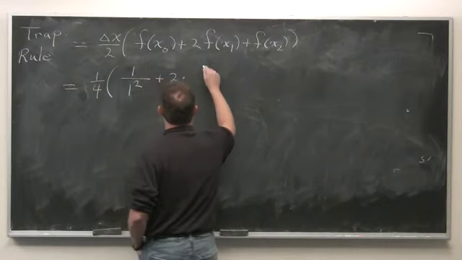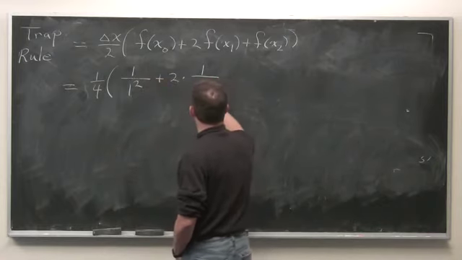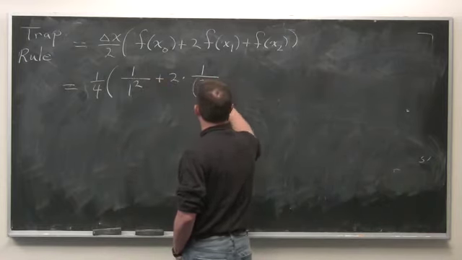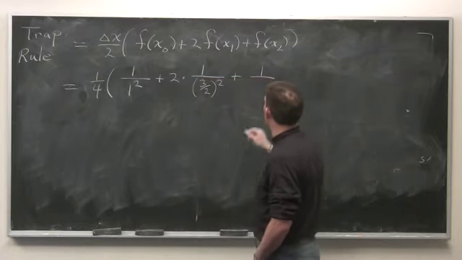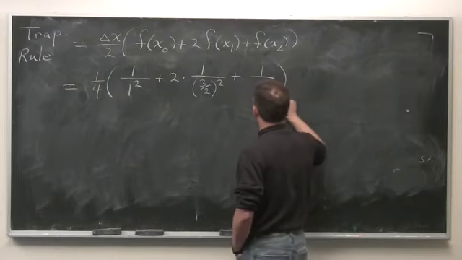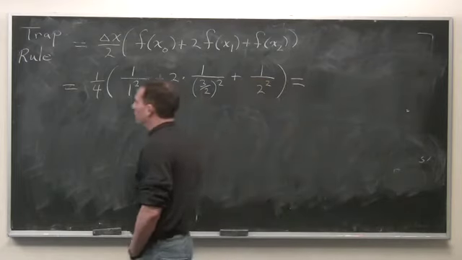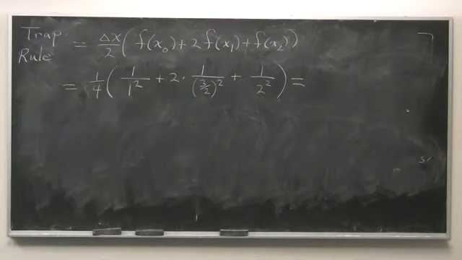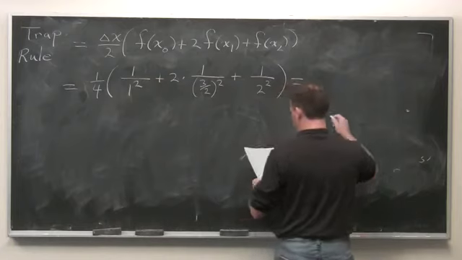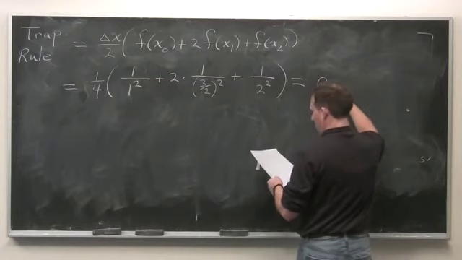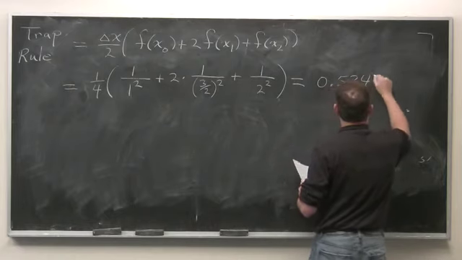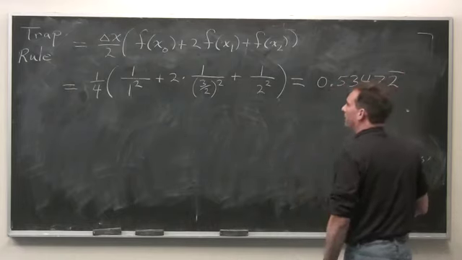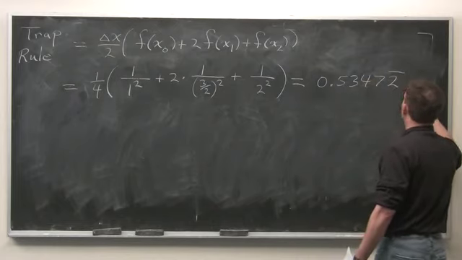Plus 2 times 1 over 3 halves squared. And then plus 1 over f of x sub 2, so 1 over 2 squared. All right, in this one, we can actually say exactly what that is. It's 0.53453472 repeating.